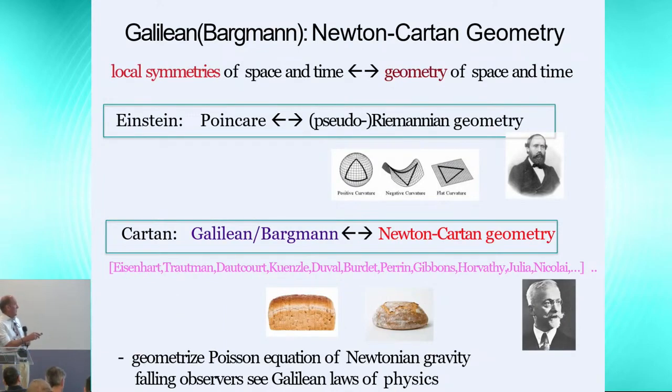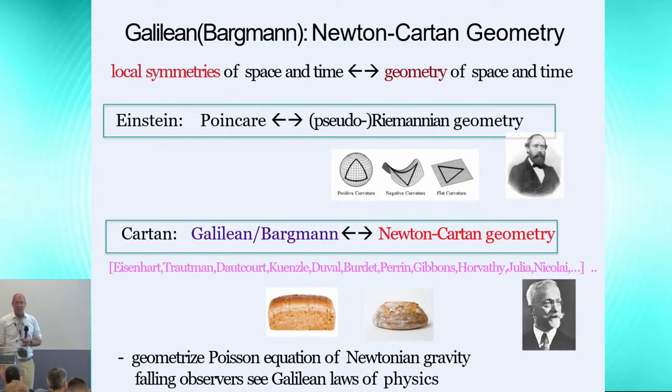What pseudo-Riemannian geometry is to Poincaré is essentially Newton-Cartan geometry to the Galilean, or more precisely, the Bargmann symmetry. I'll give the Bargmann algebra in a second. This, I think, is a very beautiful insight of Cartan, from around 1923, just some years after Einstein's theory.